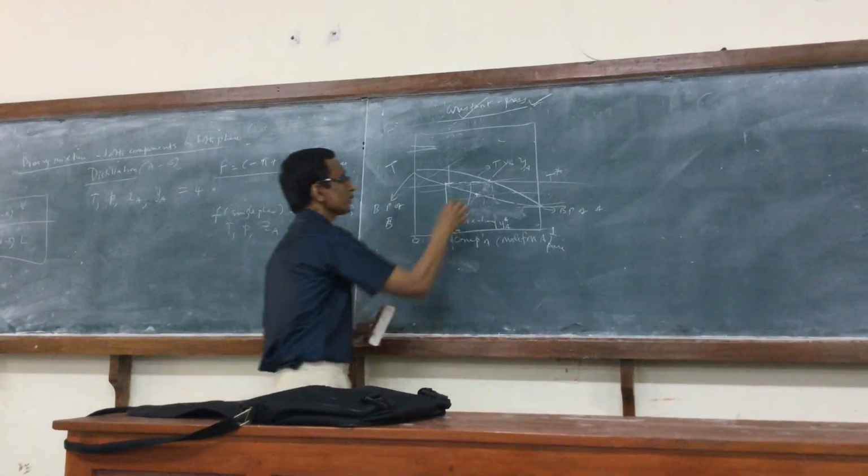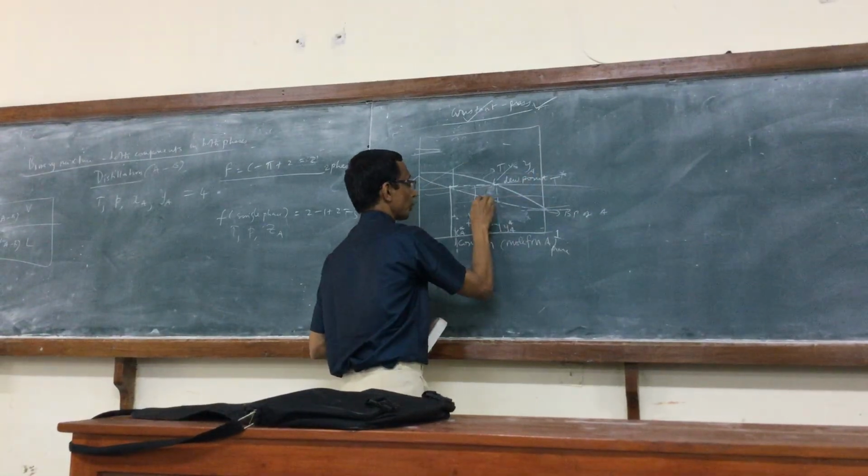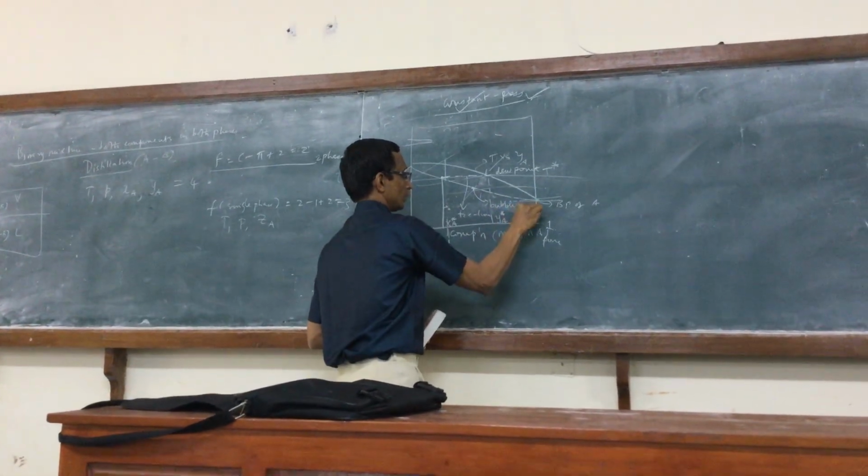So this is what is referred to as a dew point curve. We should know all these. This is the dew point temperature, this is the bubble point temperature.